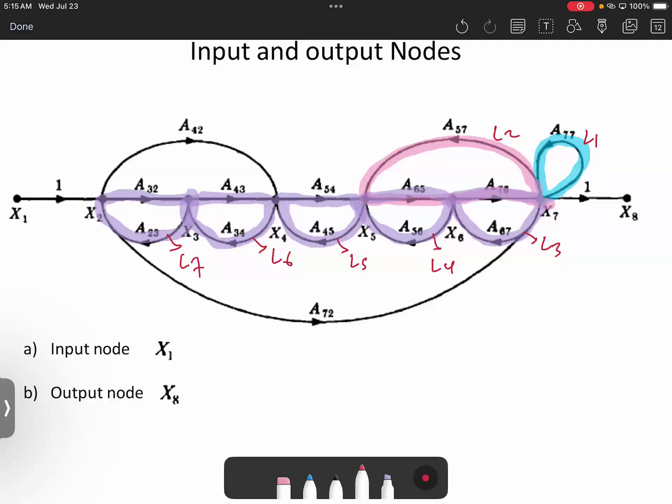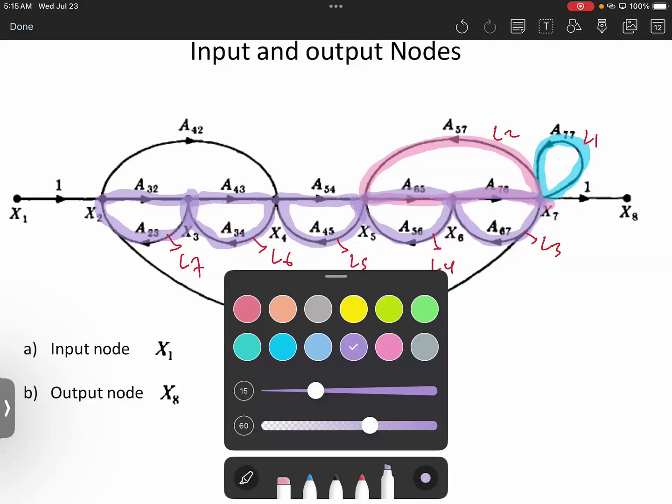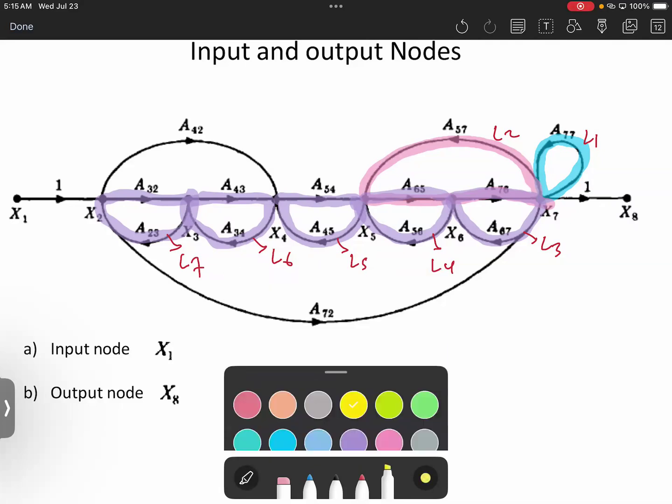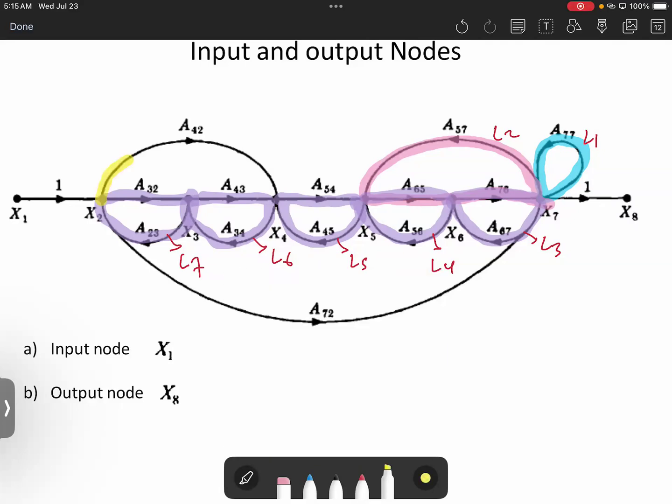X2 to X3? Yeah. We can do this, like from X2 to X4, like this. That's correct. This is loop number 7.